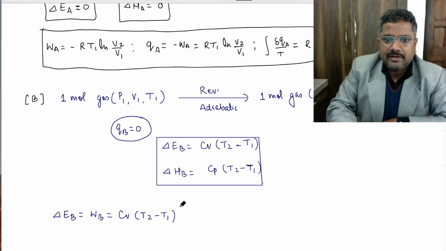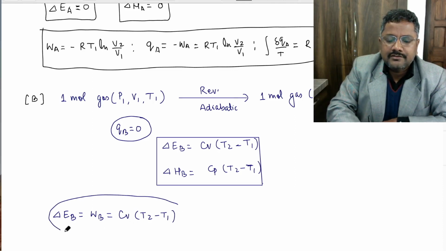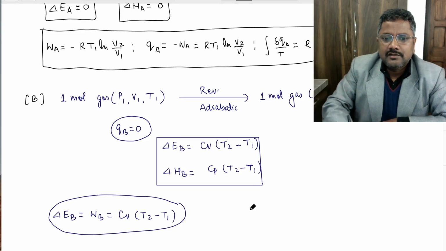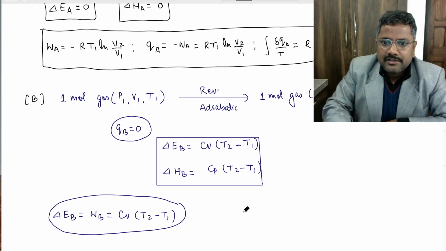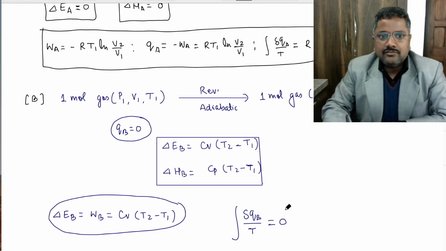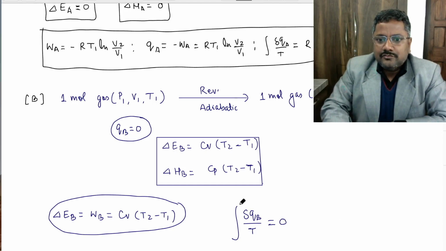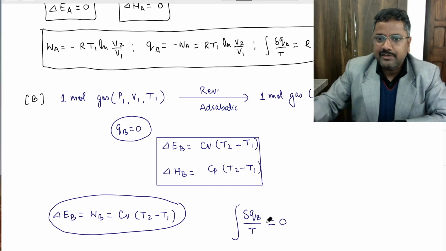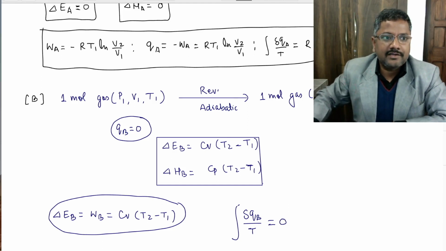So we have calculated work as well. And what about delta QB by T? This is equal to 0. So with respect to path B, the adiabat, we have calculated this.